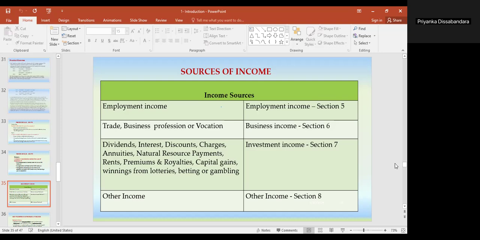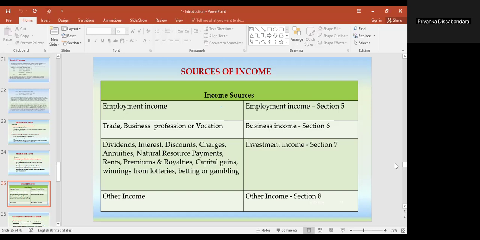Now we are going to consider the income that can be receivable by an individual. What are the income sources we have? One can be an employment income. Then there will be a business income if that person is engaging in a business.